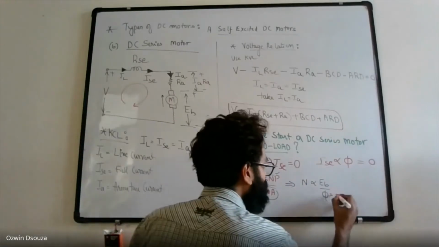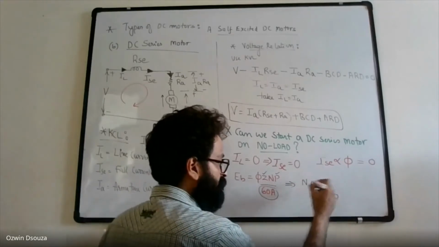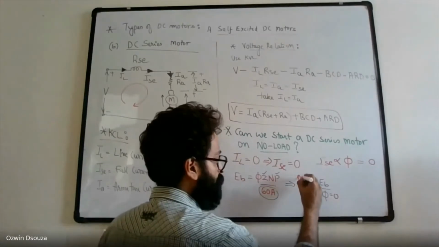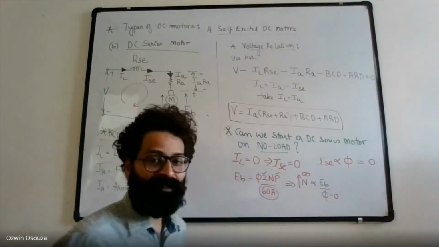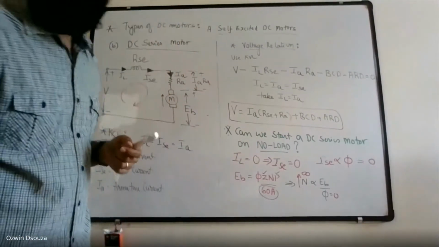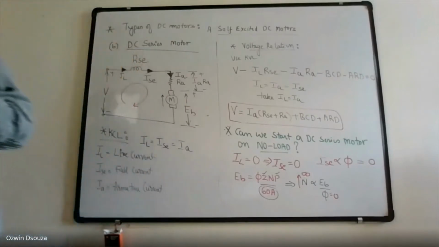Now, if you consider a zero flux, what will happen? Since speed is inversely proportional to flux, when flux is zero, your speed approaches dangerously high speed, theoretically infinite speed. So at infinite speed, what happens? The motor runs at uncontrollable speed.